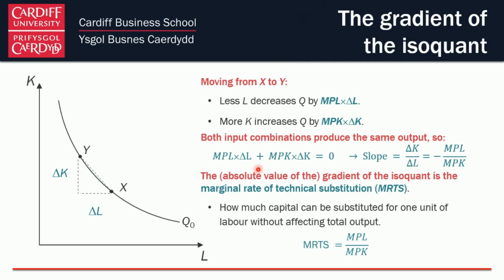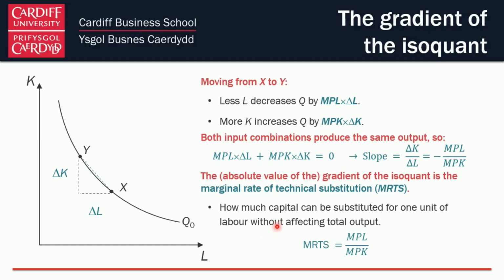You can use this equation to note that delta K over delta L is going to be exactly equal to minus MPL over MPK, simply because of this equation. It's just a matter of quick algebra. Send MPK delta K to the other side, divide both sides by MPK, and you will basically get that equation.